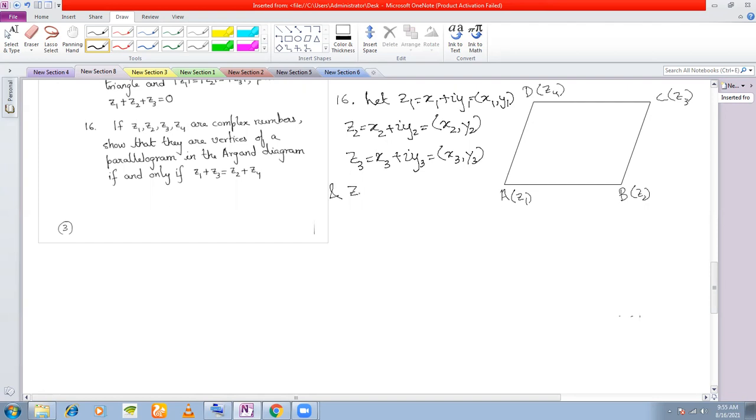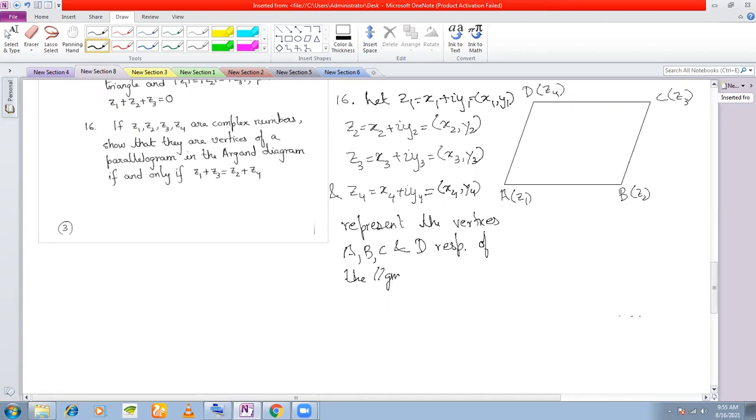And Z4 equal to X4 plus IY4, equal to X4, Y4, represent the vertices A, B, C, and D respectively of the parallelogram ABCD.